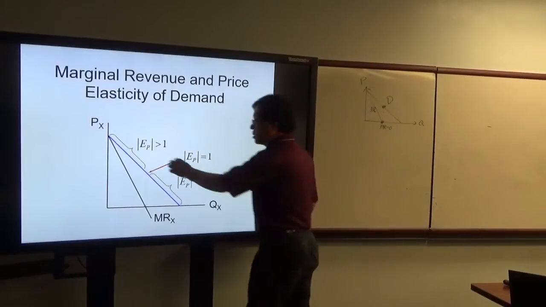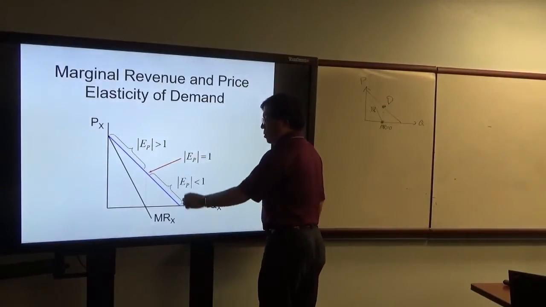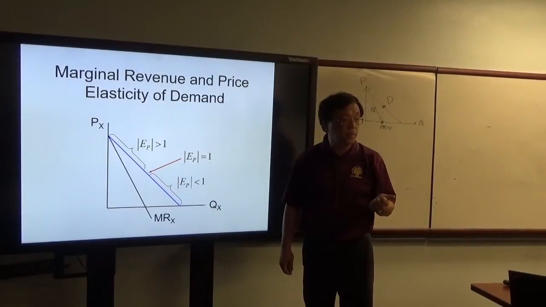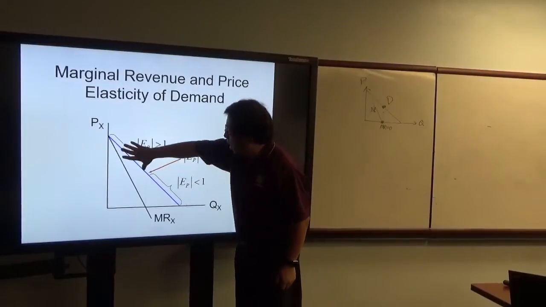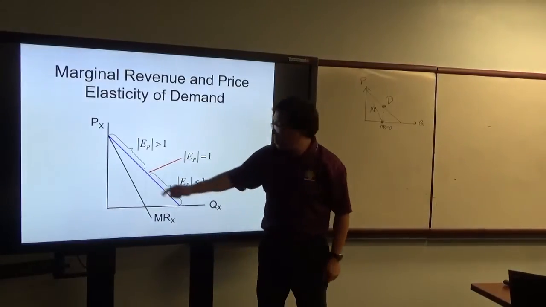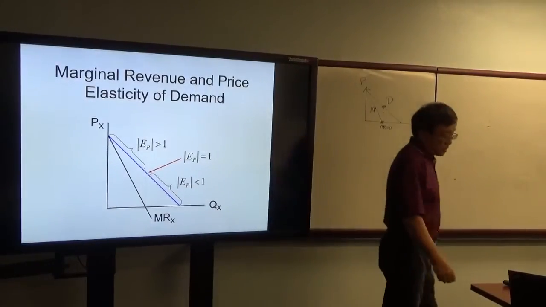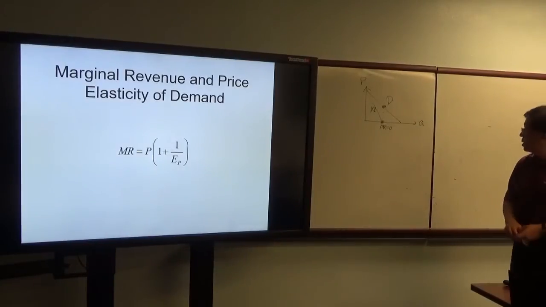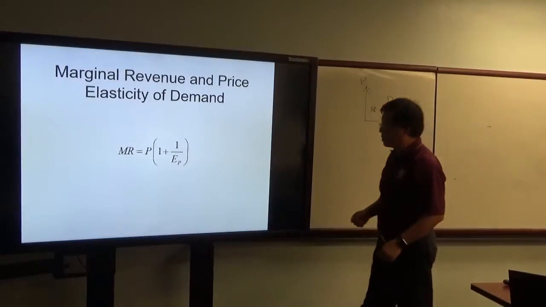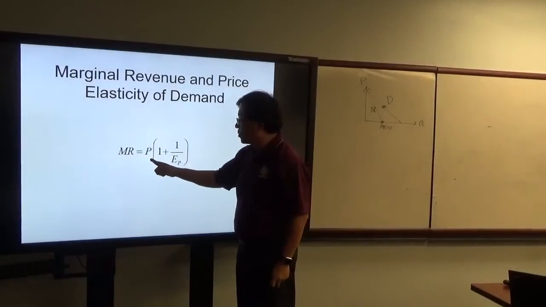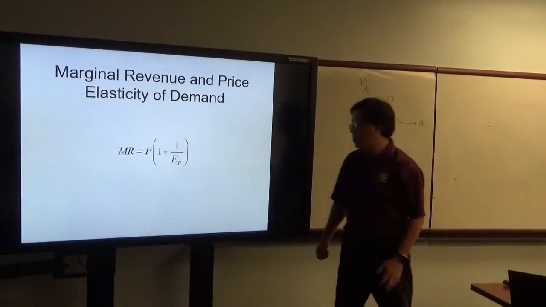Remember, for each point the point elasticity is different. But if you cut this in half, the top portion, the demand is elastic. The bottom portion is inelastic. The middle one, the demand is unit elastic. So it's important to know the relationship between the marginal revenue and the price.